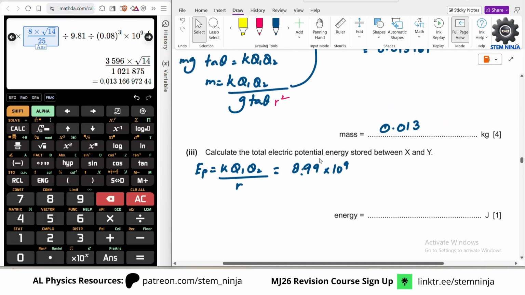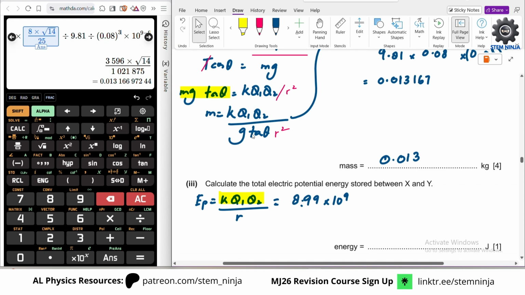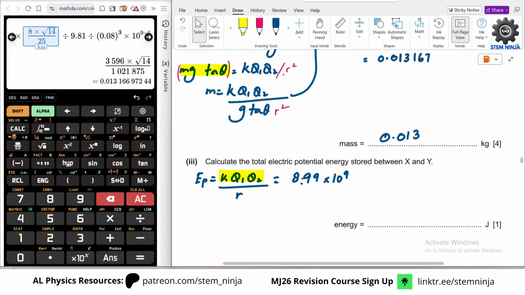So okay, yeah, basically there is a way, so we can replace the KQQ with mg tan theta, sorry, this is over r squared. You can replace the K Q1 Q2 over r squared. For that you can multiply this with r on both sides to get that, but anyways that seems like a longer calculation.